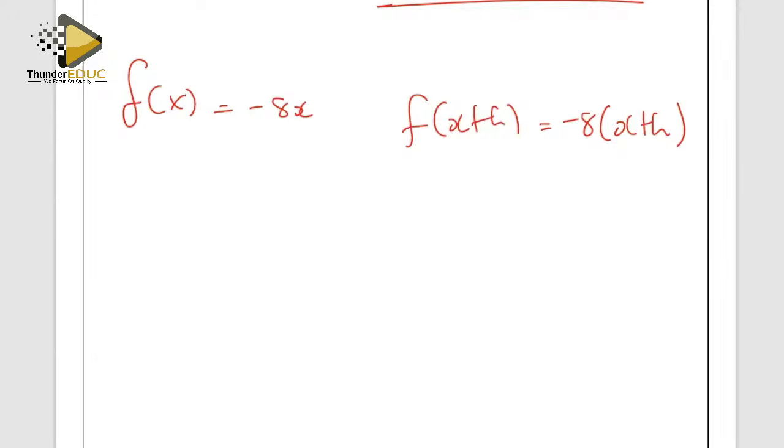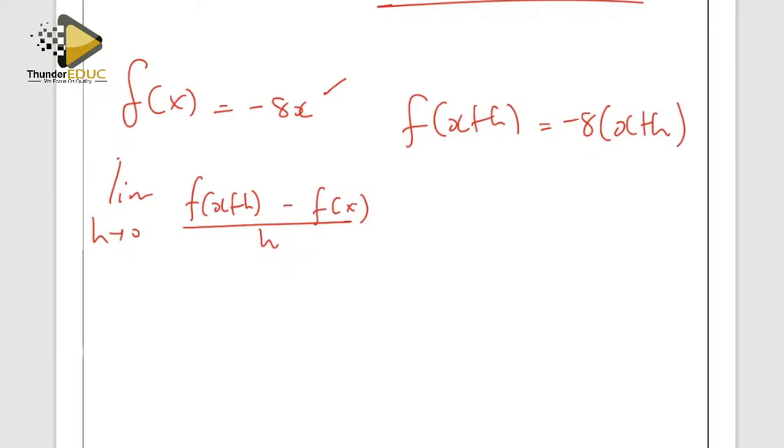Okay, so we have our f of x and then we have the f of x plus h. Then we know that the formula for limit as h tends to 0, we have f of x plus h minus the f of x divided by the h.